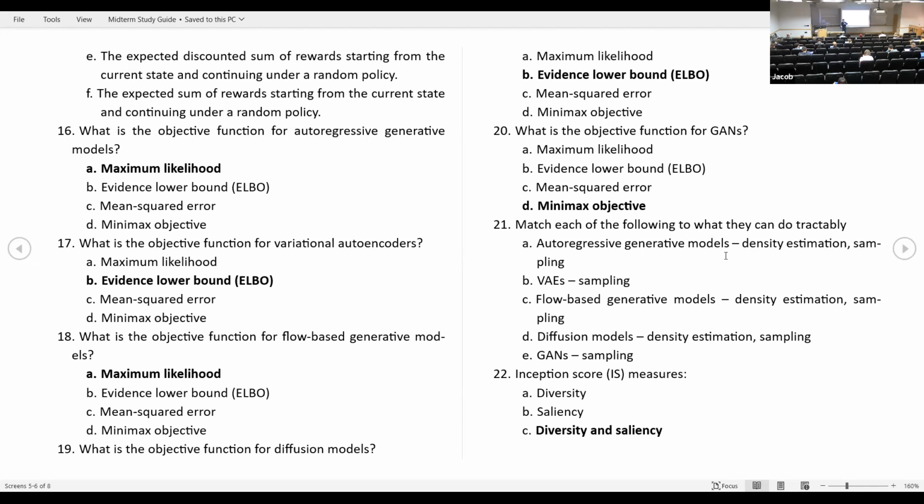Yeah, Tim? Yeah, great. So it takes as input a sample from a tractable distribution, like a normal distribution, and maps it to a sample from our data set.